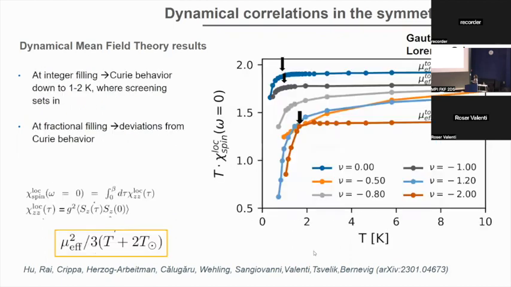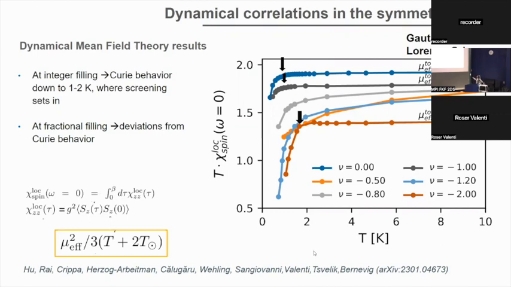So let me also investigate the screening effects, which one can now analyze at the different fillings. Again, doing the same type of calculation that we did for the previous case, here what I'm plotting is T times chi. So if it's flat, it really follows a Curie behavior, and therefore the moments are unscreened.